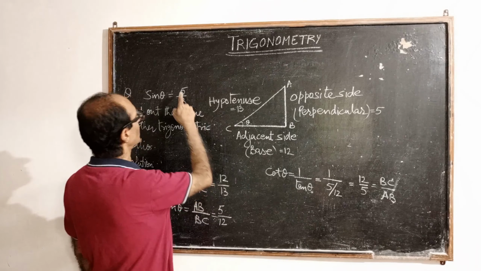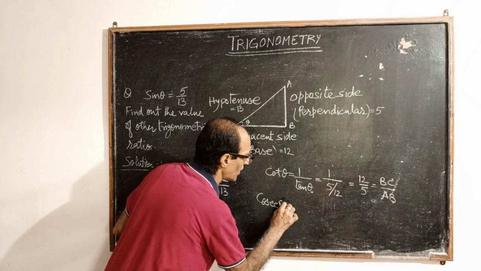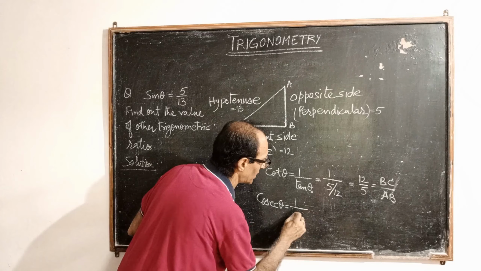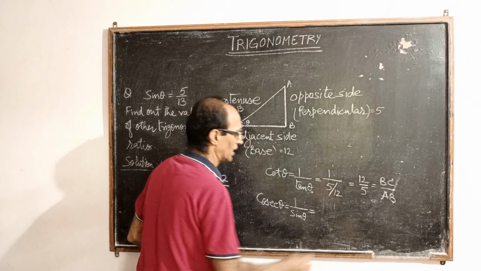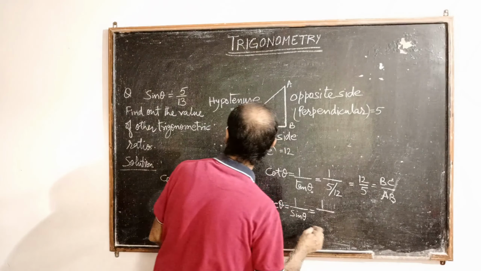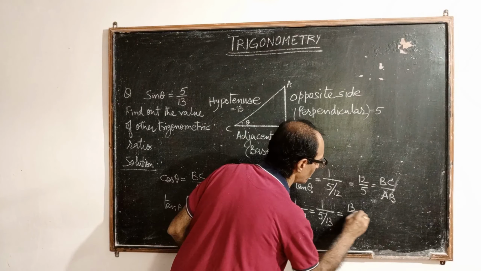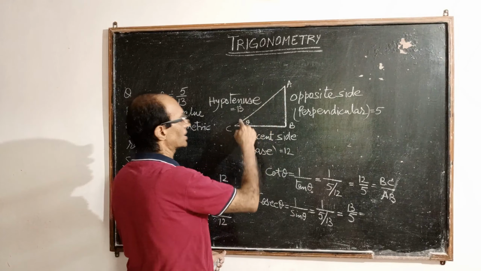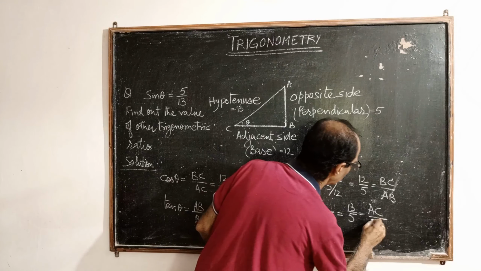Sin theta we were given 5 upon 13. Cosecant theta is 1 divided by sin theta, that is 1 divided by 5 upon 13. We can write it as 13 upon 5, that is hypotenuse AC upon side AB.